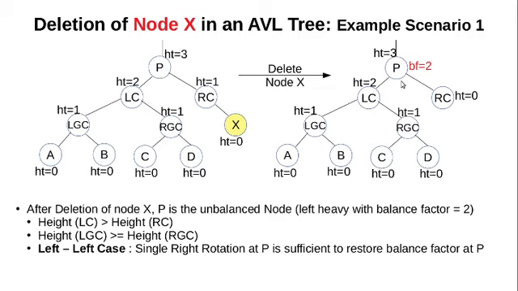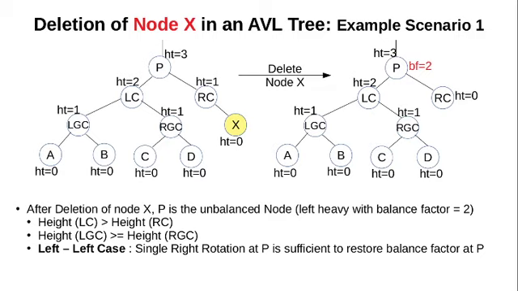The immediate question is, which type of rotation should be carried out? P is left heavy as the height of LC is more than RC. Further, LC, the left child of P, is also left heavy. That is, the height of LGC is greater than or equal to the height of RGC.